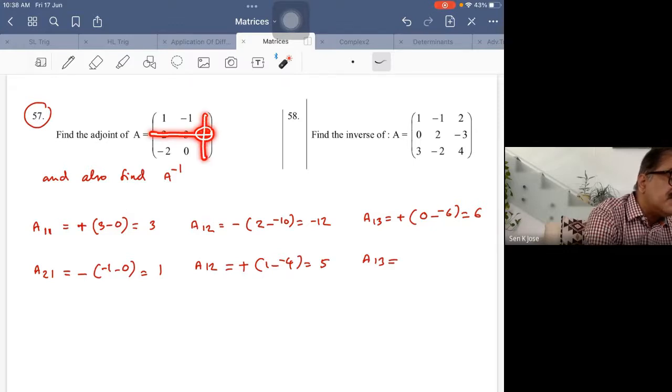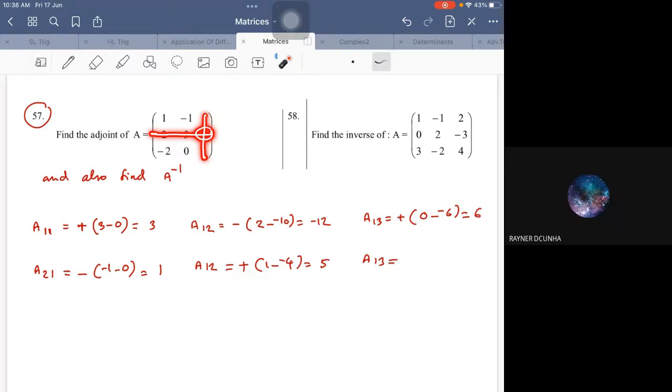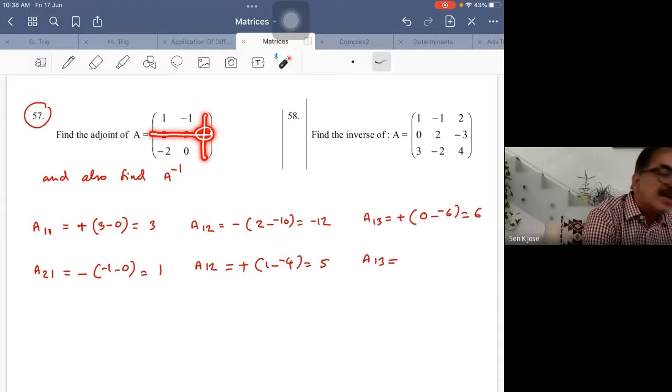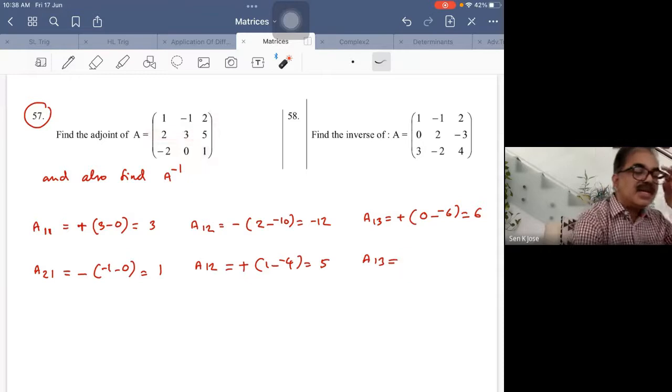Plus of. Yes, sir. Rainer. Plus of, what's the element going to be? 5. It's 0 minus 4.